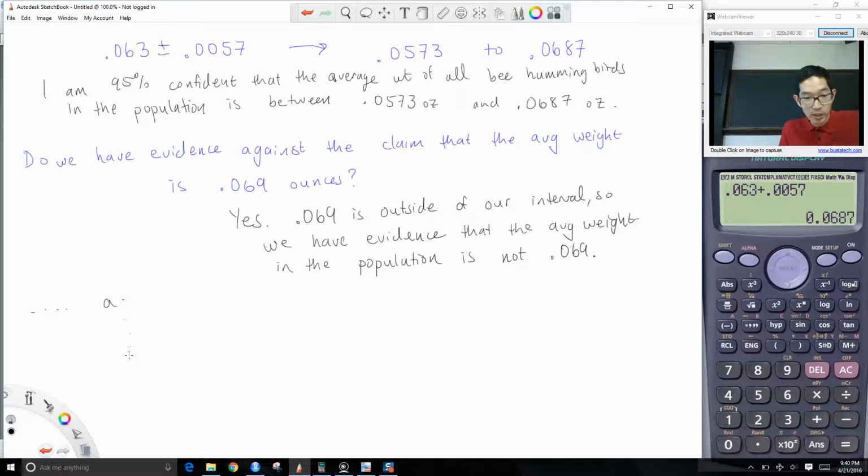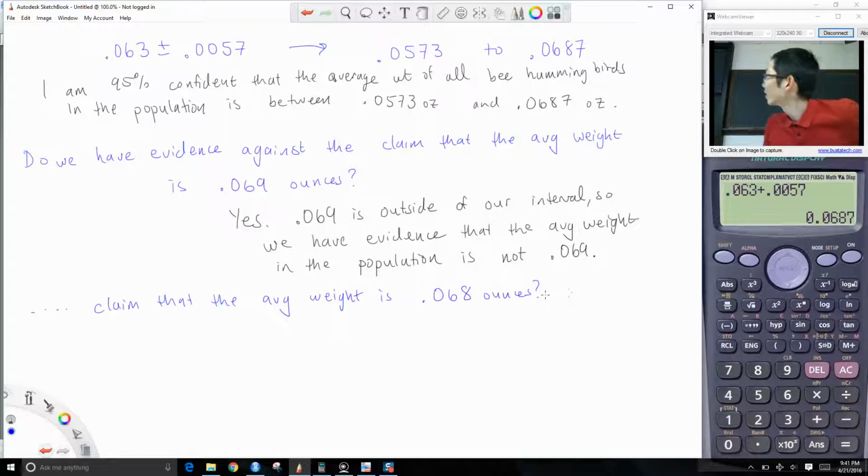On the other hand, same question: do we have evidence against the claim that the average weight is 0.068 ounces? Do we say yes?